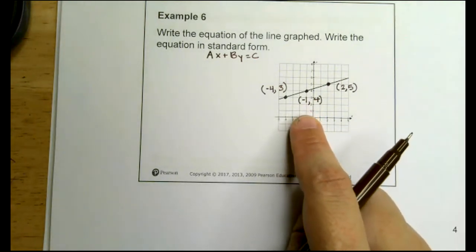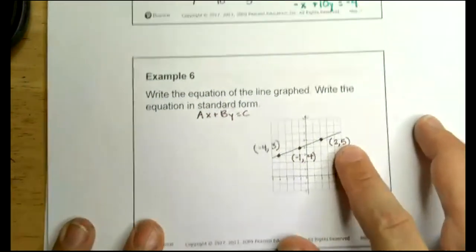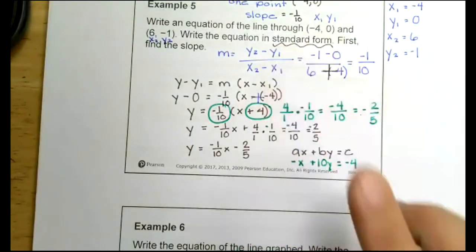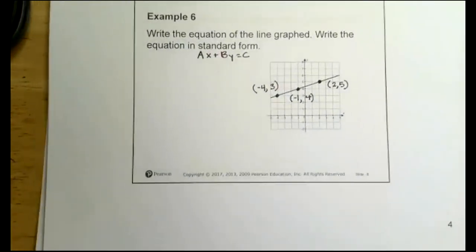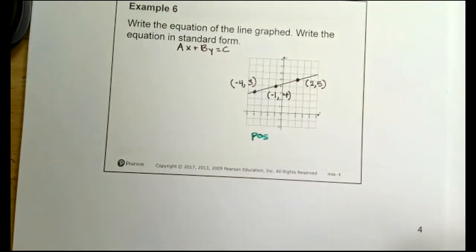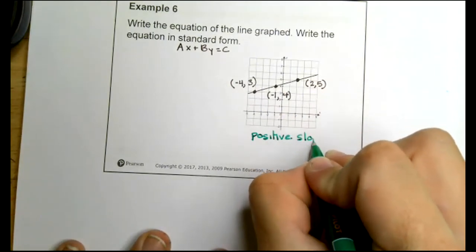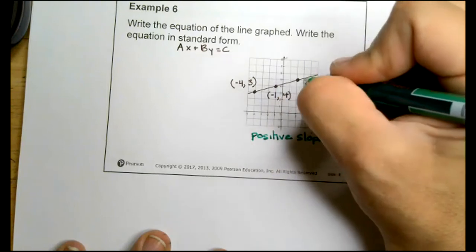You only need 2. So you want to find 2 points that look like they are composed of whole numbers, then you want to find the slope between the 2 points. So if you have the graph, you don't need to use the equation. You can just count. This is a positive slope, right? So there's not going to be a negative between here and here.